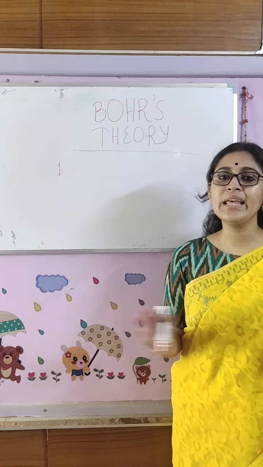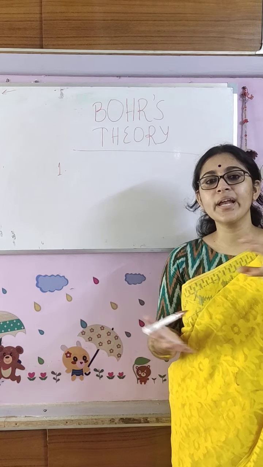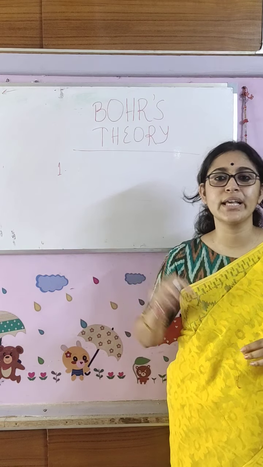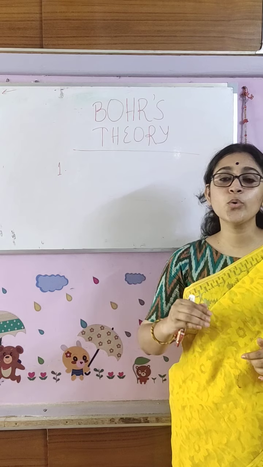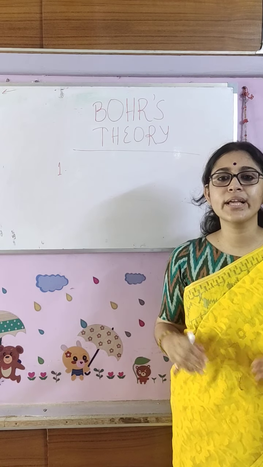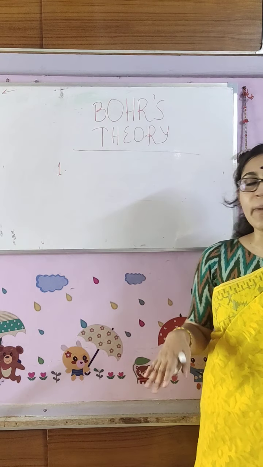So you don't believe in any in-between place. Whenever you have the complete amount of energy, only then can you move out of your place and go to the next one. You cannot go to a middle way and stop. Light and sound can go to a middle way and stop, but for electrons, there is the concept of quantization where there is no in-between path.